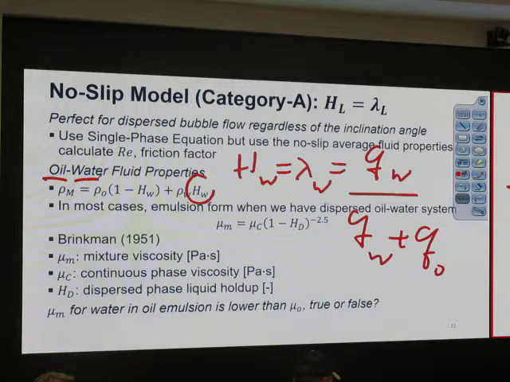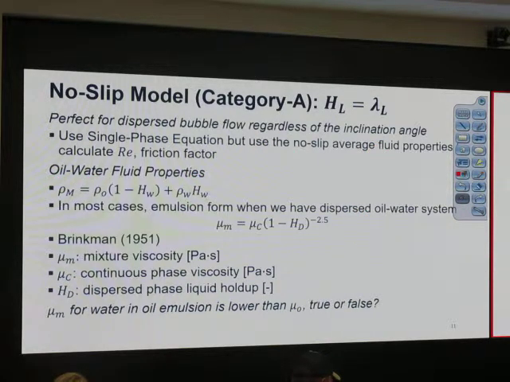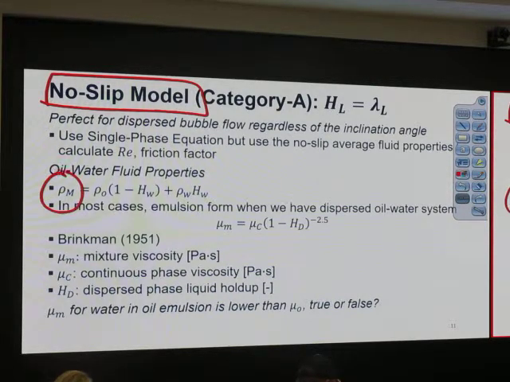Okay. So this is a no-slip model. Assume everything is well mixed. The way that we calculate the fluid property is a weighted average based on the volume fraction. Volume fraction is based on the flow rate fraction. If I have gas, oil, and water all flowing together, we get the fraction of each phase, and then we do a density-weighted average of the fraction of each phase.